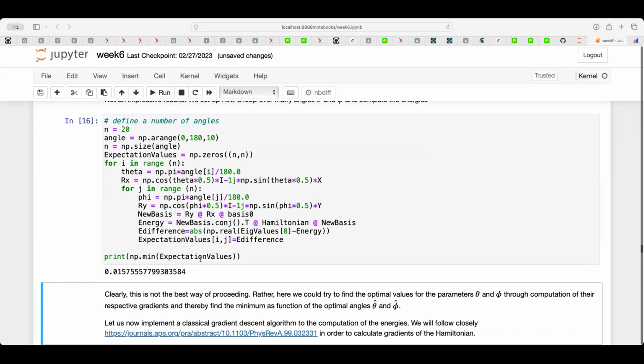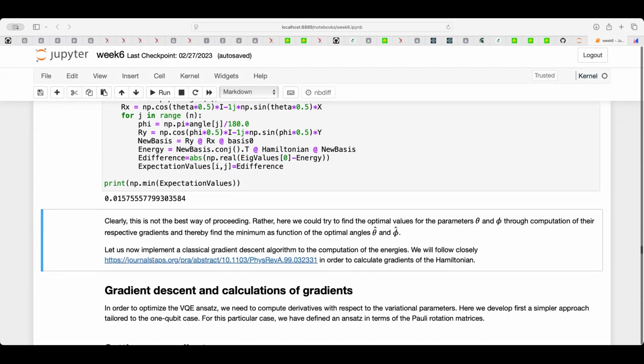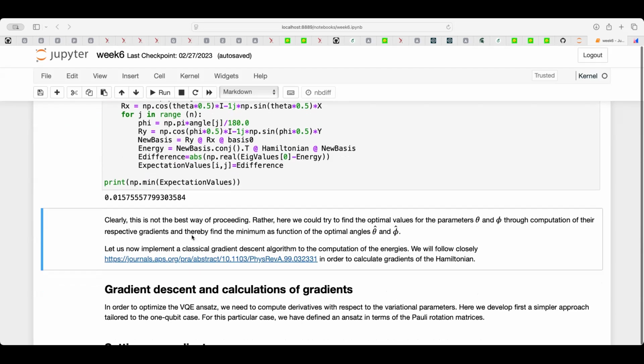And then there is one specific value which gives an expectation value that differs from the true one only at the order of the second digit after the decimal point. So this is the minimum difference between the exact one and the one which I compute in this brute force way.